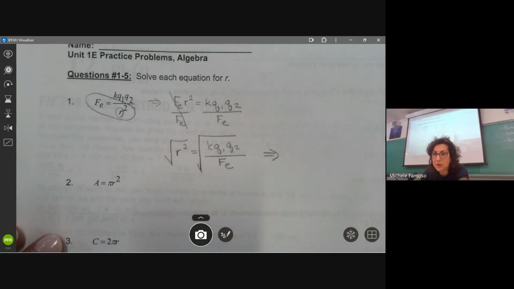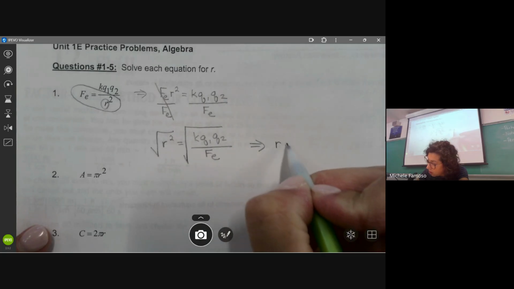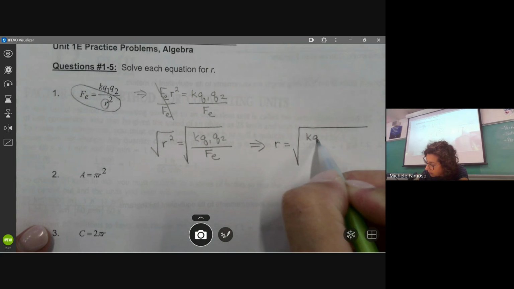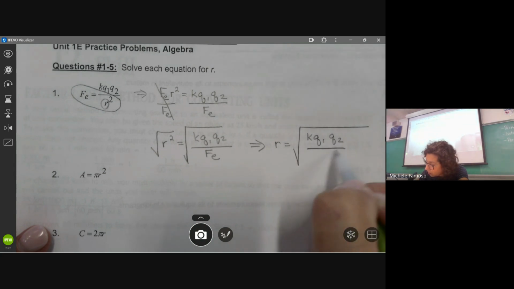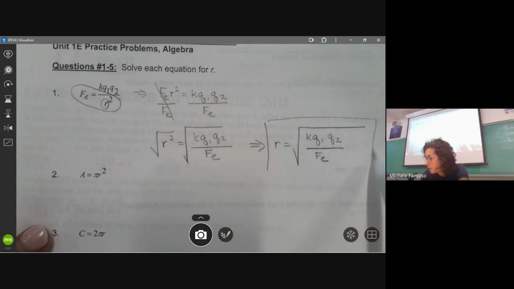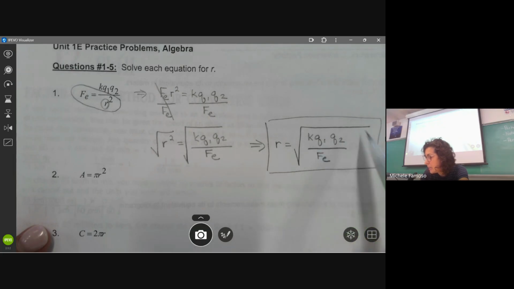So that leaves me with a final equation that looks like R equals the square root of K Q1 Q2 all over FE. One thing we do need you to be careful about is make sure that radical sign is large enough that all of that is under the radical sign. It's not just in the numerator, the whole thing. Any questions on number 1?